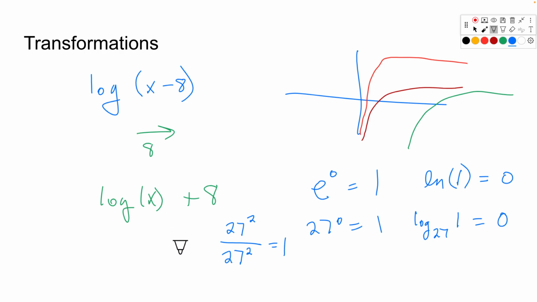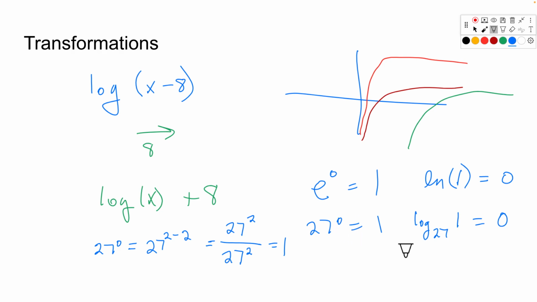What would I do with the exponents? Another way is to think of this as 27 squared over 27 squared, and we subtract the exponents. So what's 27 to the 2 minus 2? That's 27 to the 0. So 27 to the 0 has to be 1 for all this to work. That's how I introduce it, at least. Whenever you raise something to the 0 power, you always get 1.